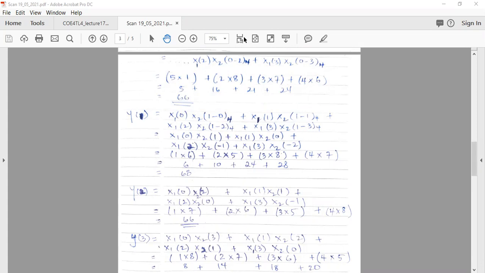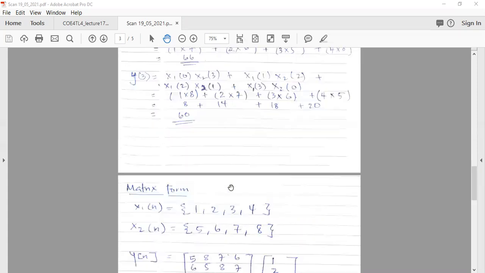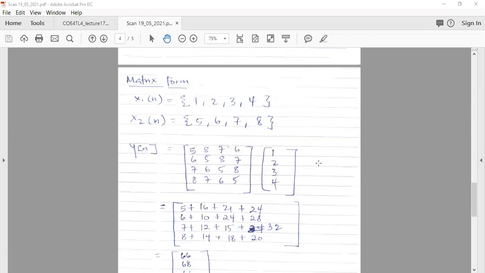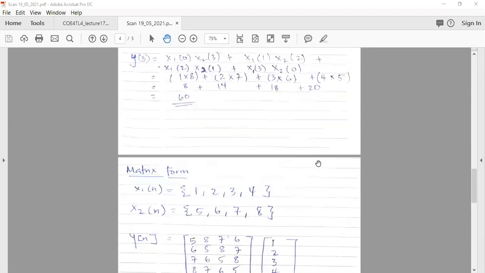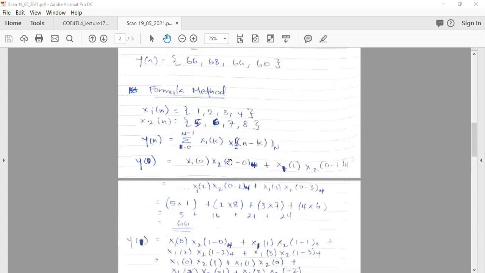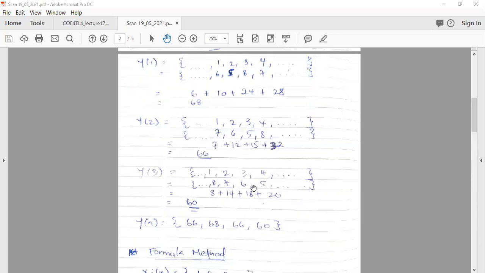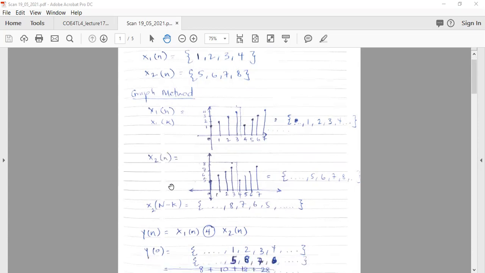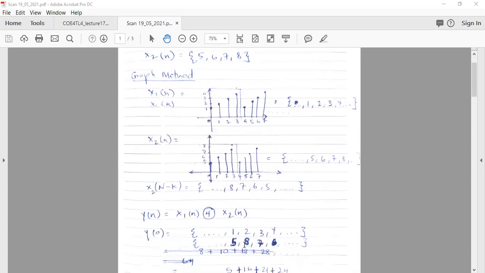Okay. Now the next method, right? That was the definition method, right? The next method is the matrix method, right? So all this while over here, you can see that in the first part, we flipped x2 of n, and then we shifted x2 of n in the graph method, right?